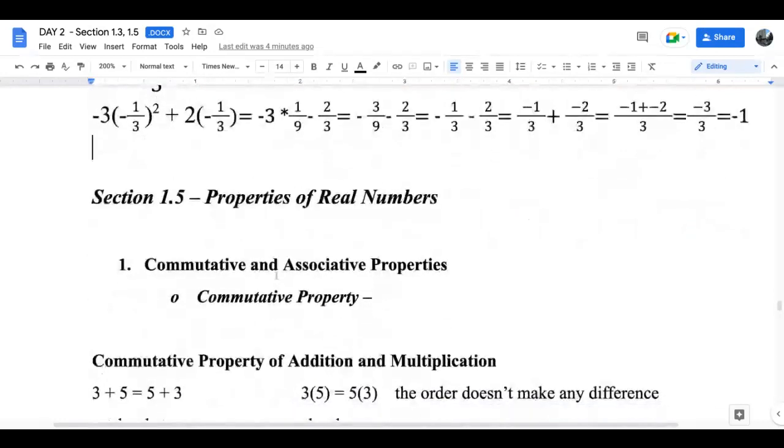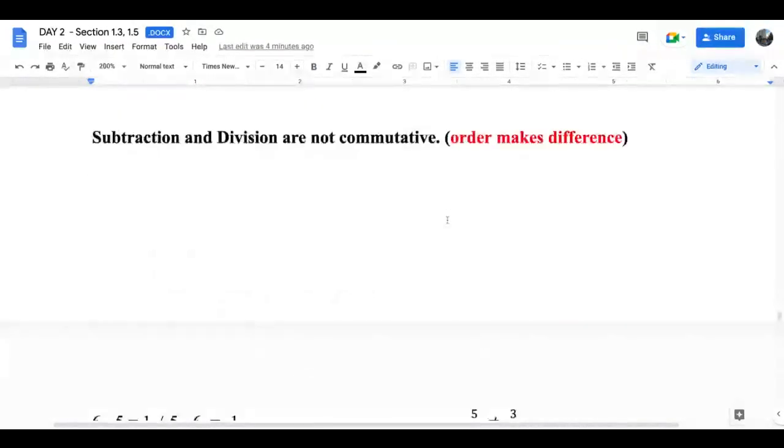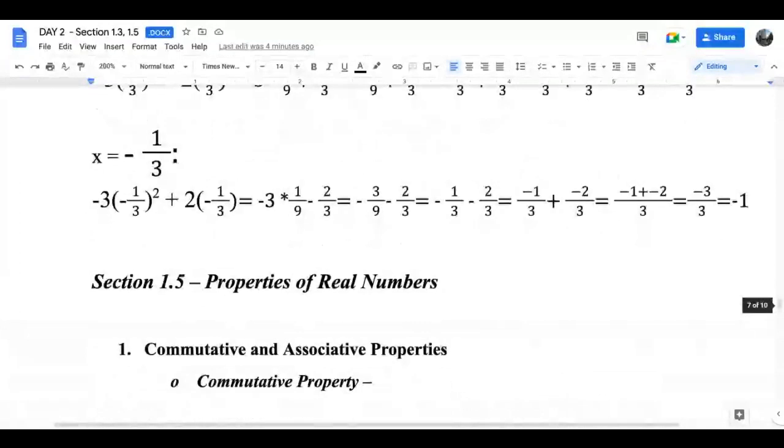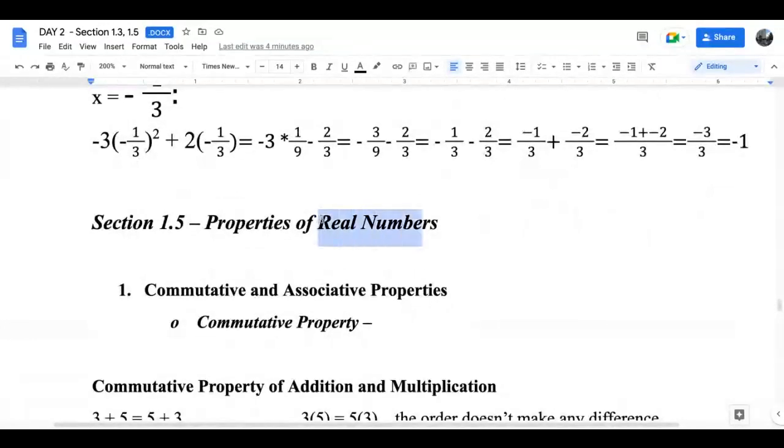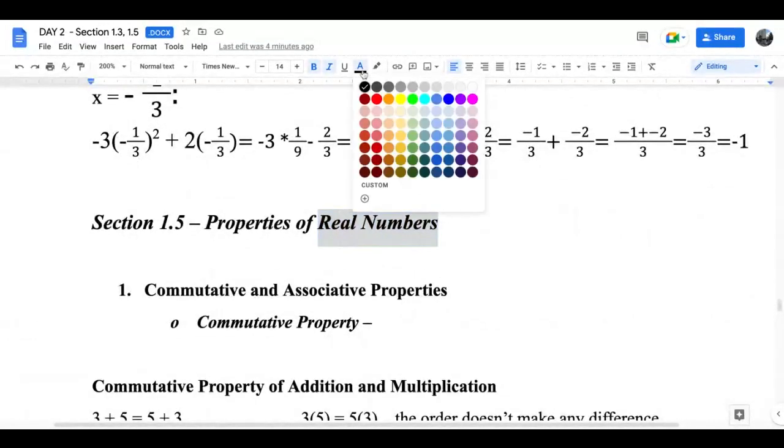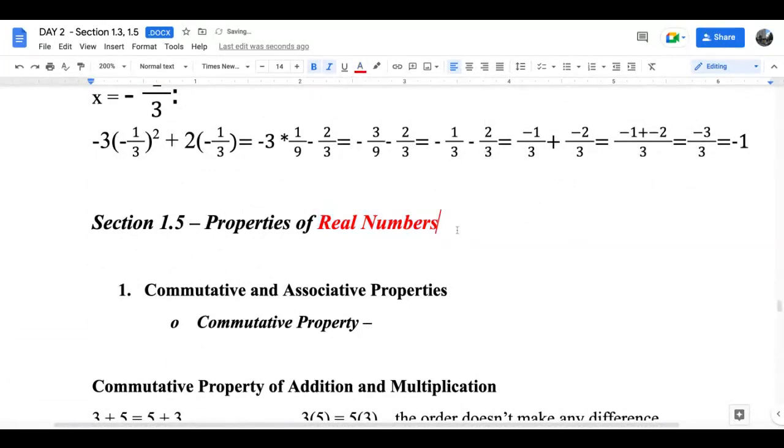Now let's see properties of real numbers. First, let's remember what a real number is. How is a real number defined? It doesn't say here. So let's understand the word real number. Real number means when you square a number, it cannot be negative.